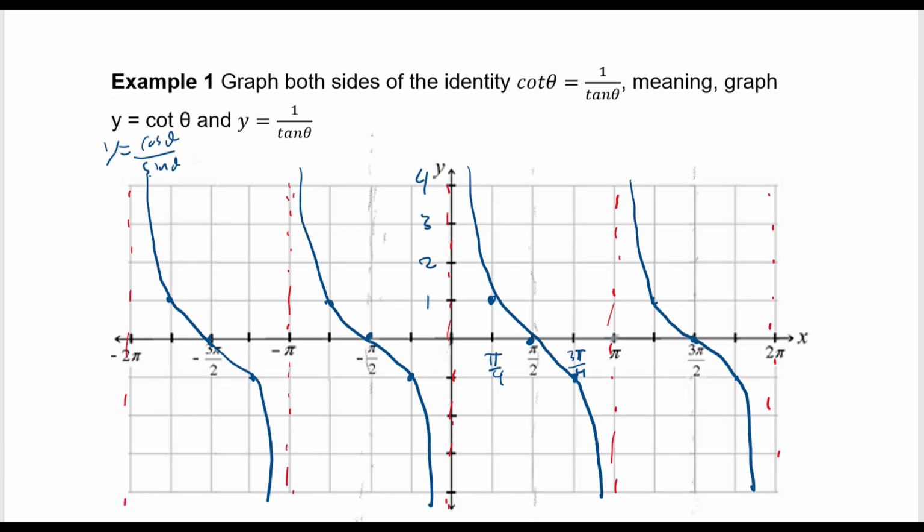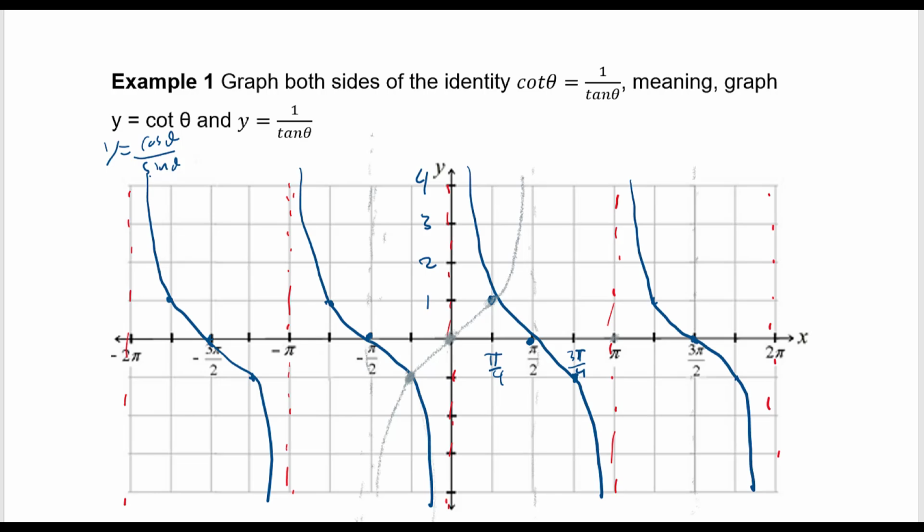So we would have had tangent of negative pi over 4 is negative 1, and the tangent curve goes up like this. So taking 1 over that, 1 over negative 1 is still negative 1, 1 over 0 gives us infinity, so we get that asymptote, and 1 over 1 is 1. So we see how this is getting closer to 0, and 1 over that goes to negative infinity.